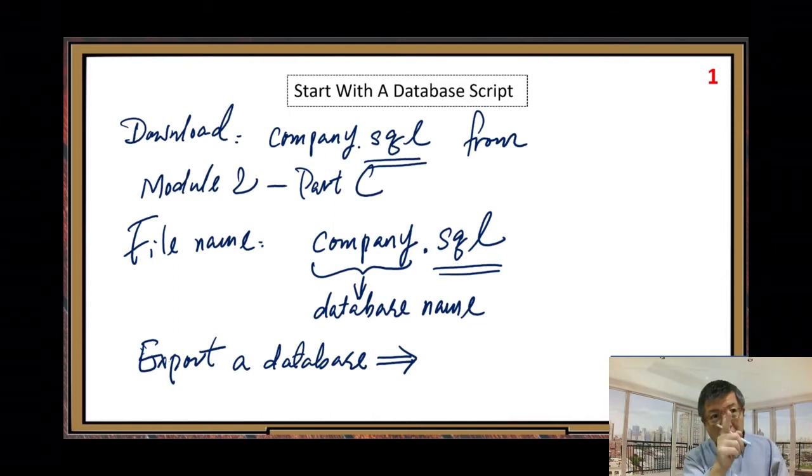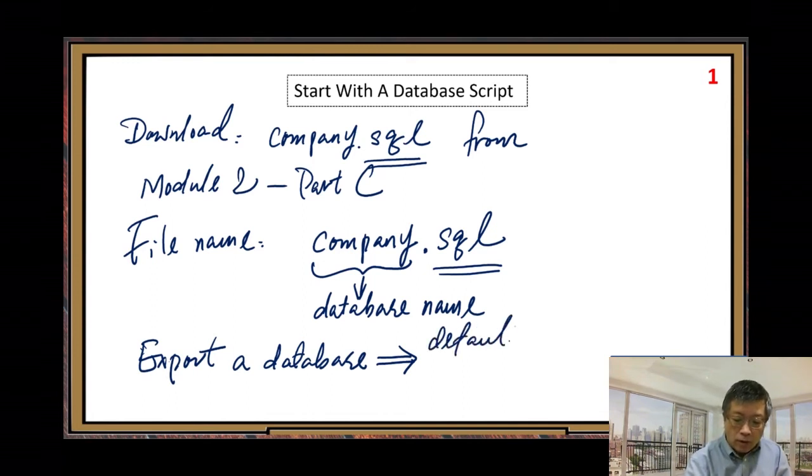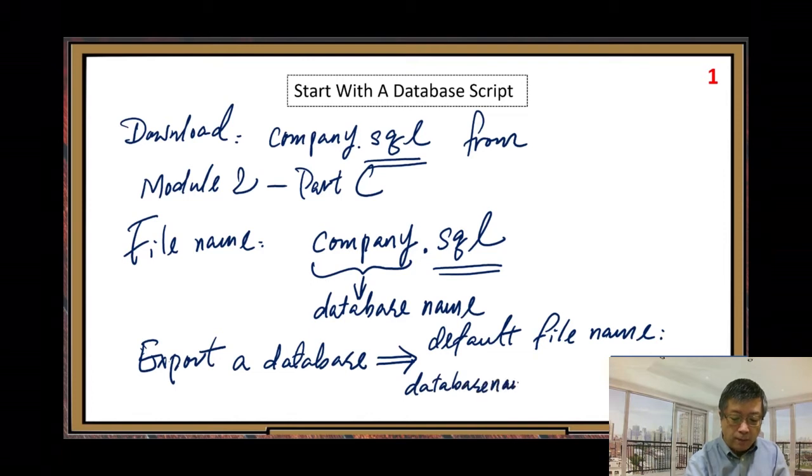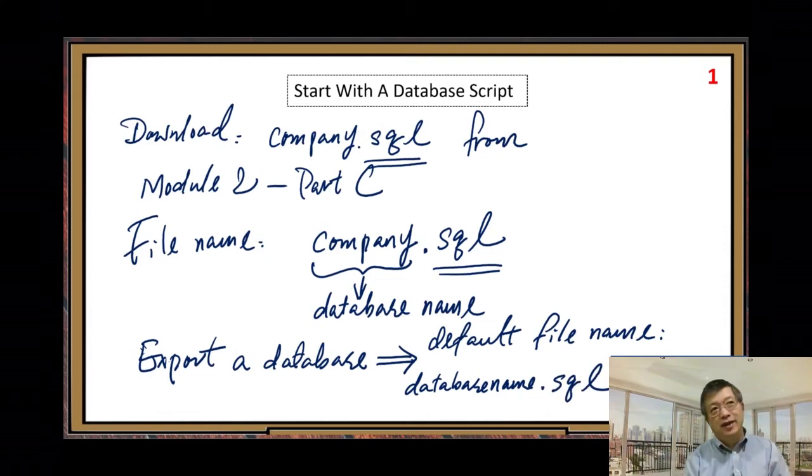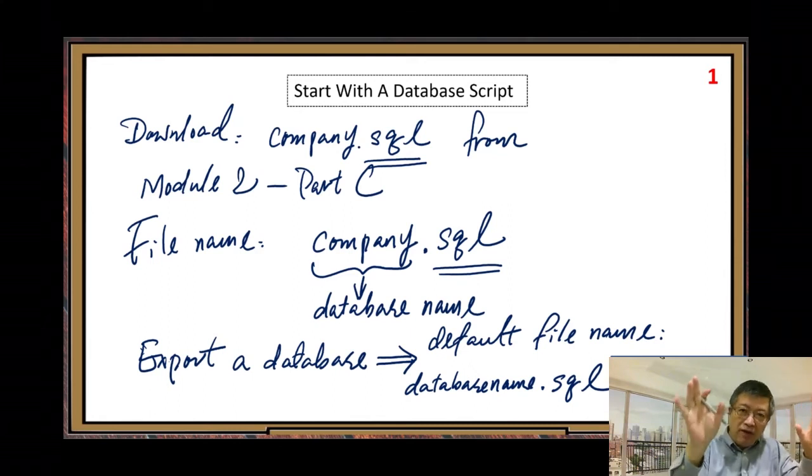The database name is used as the default file name. Although you have a chance to type your own file name, the default file name has this format: the current database name .sql. So it is natural that we use the convention like that.